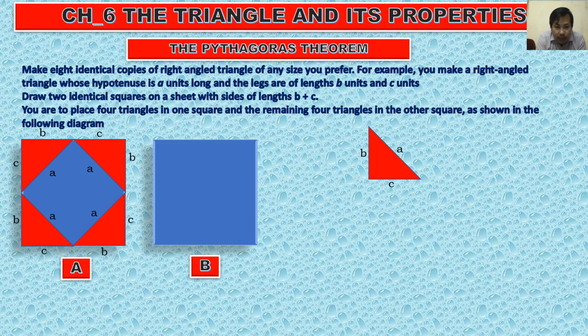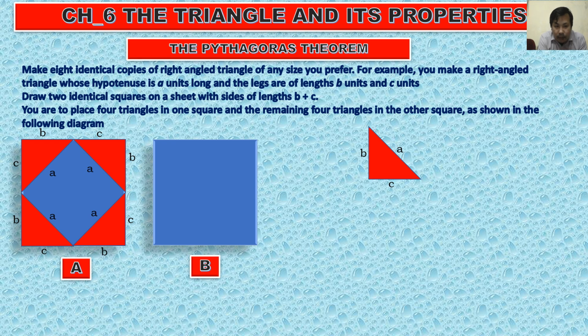You see, we place the four right angle triangles in such a way that all the hypotenuse sides, the side a, form another square in blue color. That is the uncovered area of square A.